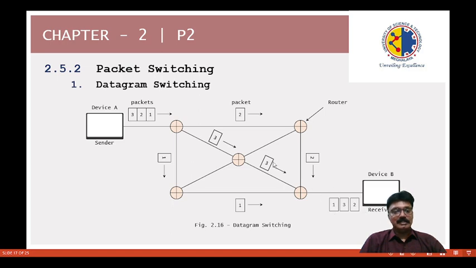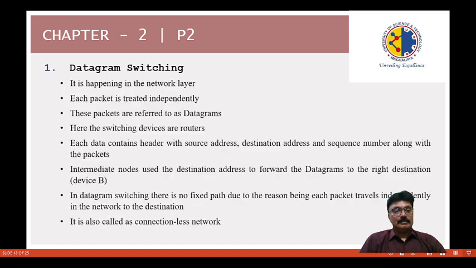The sequence of the data packets will not be there. Here 3, 2, 1 is the sequence of the data packets, but here 1, 3, 2 is what arrives. So we need to reassemble this for the exact thing. So that is datagram switching.